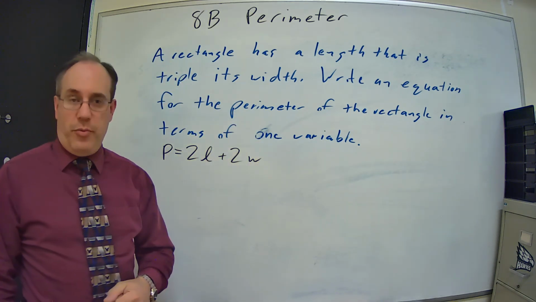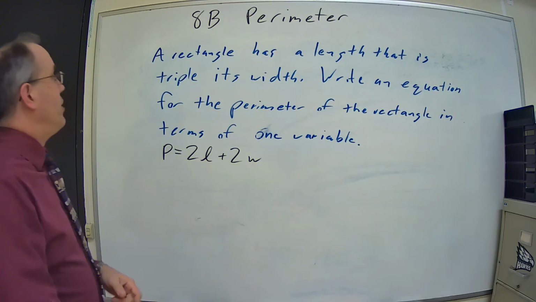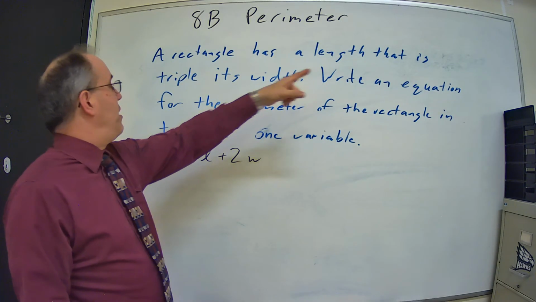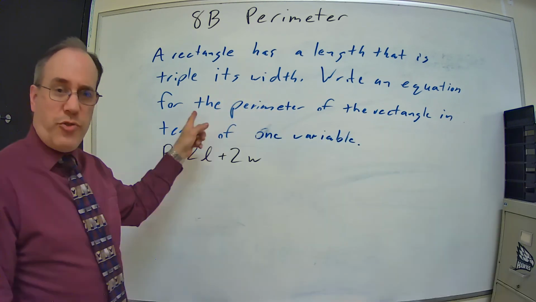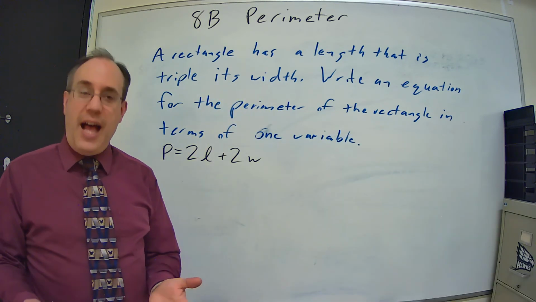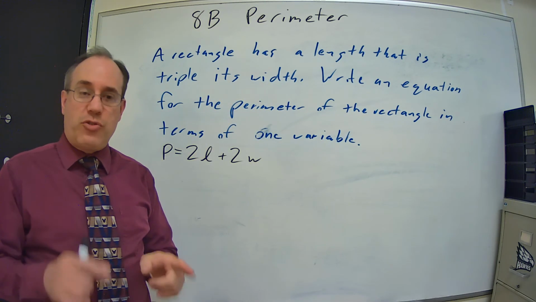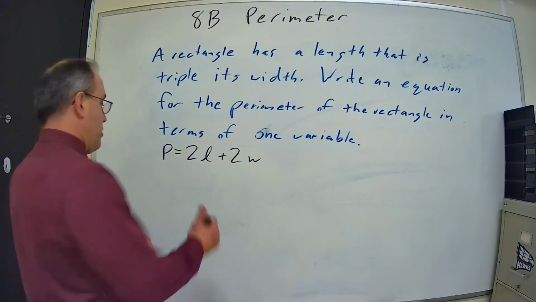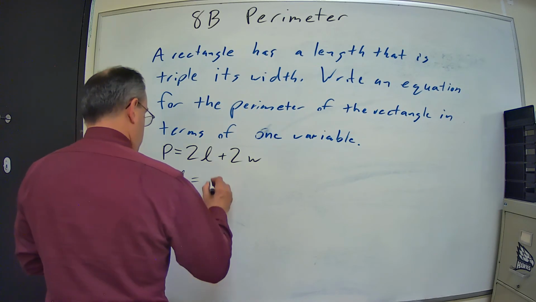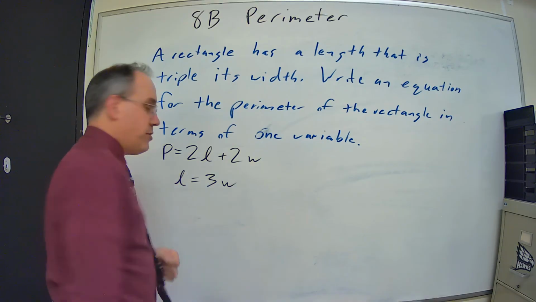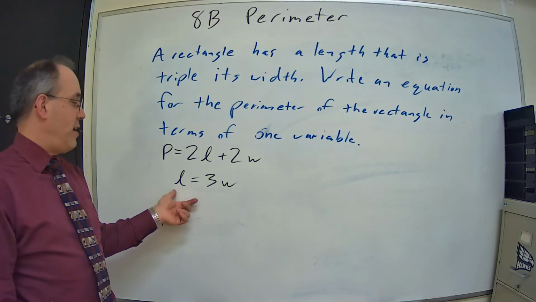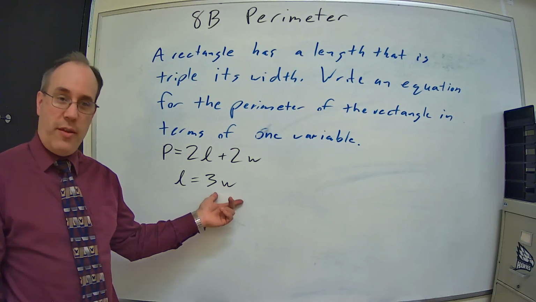Well, that's 2 variables. What can we get from here? A rectangle has a length that is triple its width. What does triple mean? It means 3 times. So the length is 3 times the width. So L is equal to 3 times W, right? The length is triple the width.